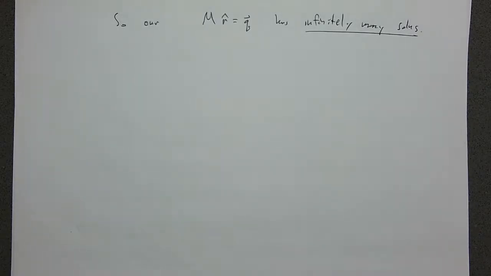Now, sometimes, as I mentioned, when you are talking about a least squares solution, having infinitely many solutions is not necessarily a bad thing. You're looking for a closest possible solution in some sense.